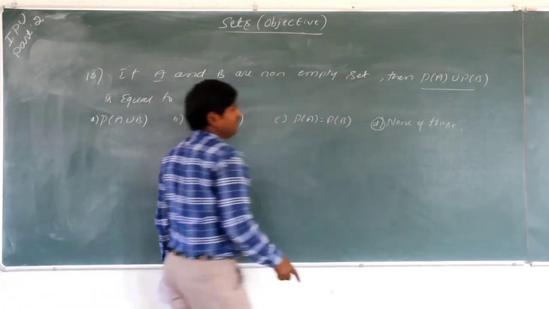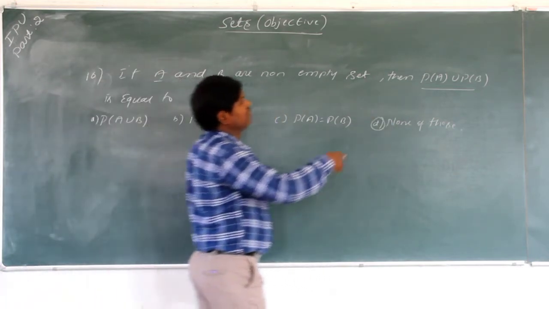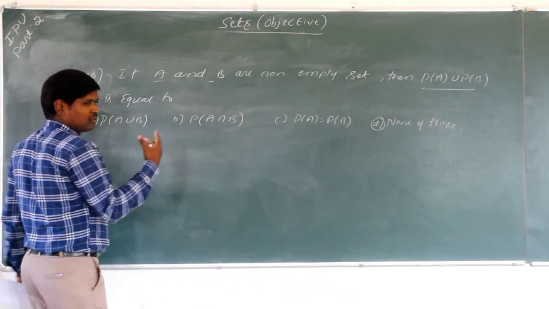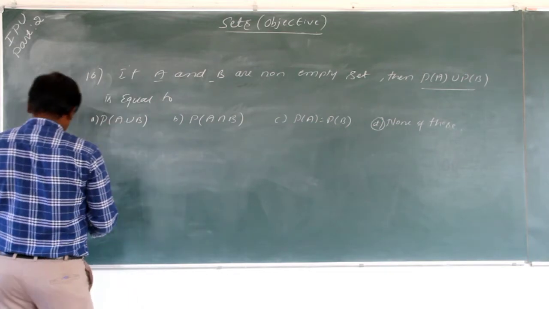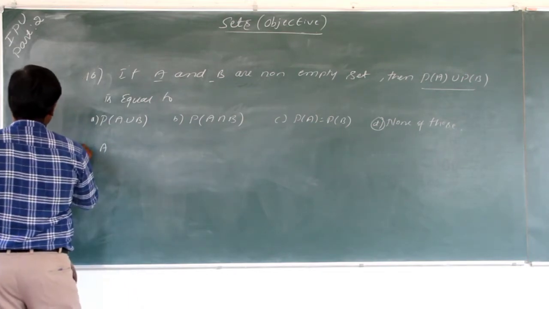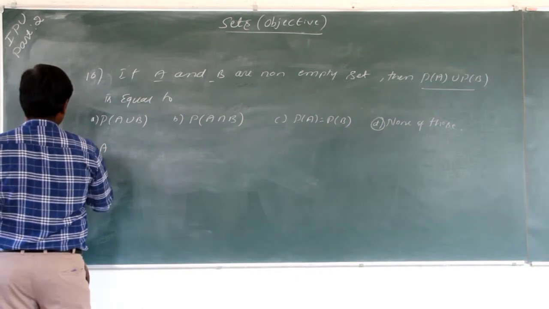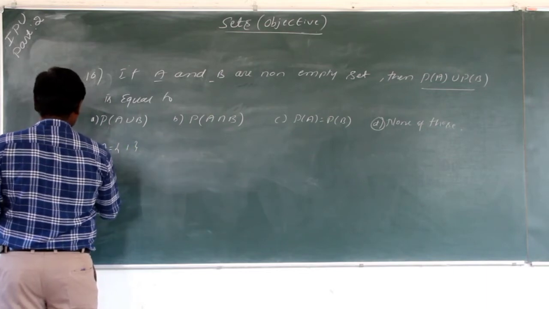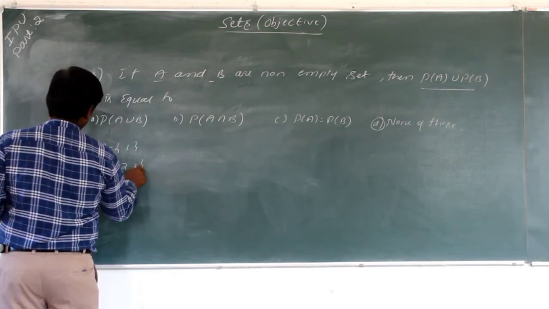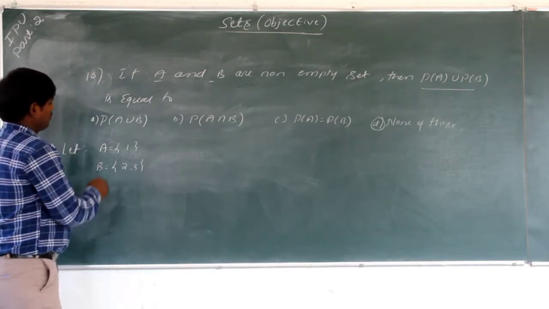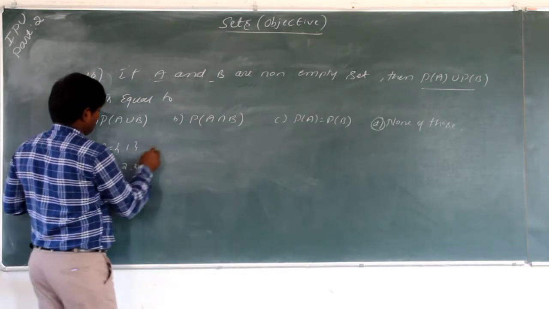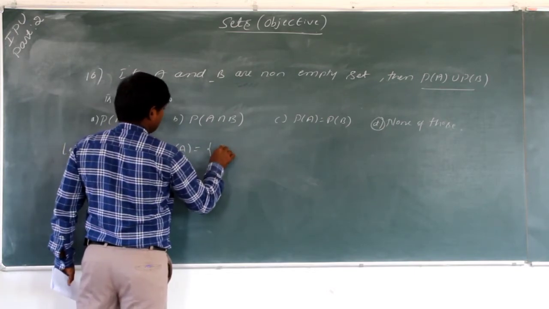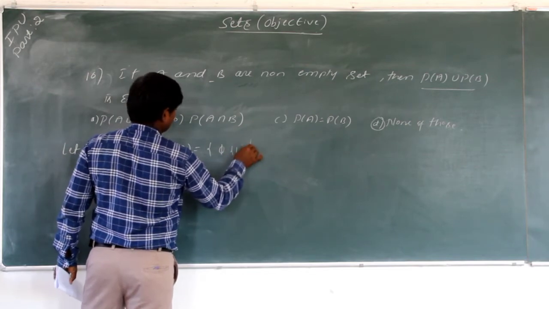So P of A union P of B, that is power set of A union power set of B. Suppose I am taking two sets to explain this. Let set A be equal to the set consisting of the element 1, and B is equal to 2, 3. Then P of A is equal to the null set and the set itself.